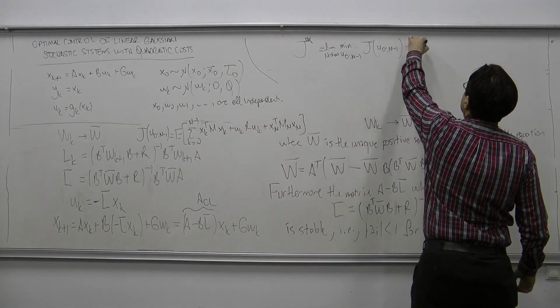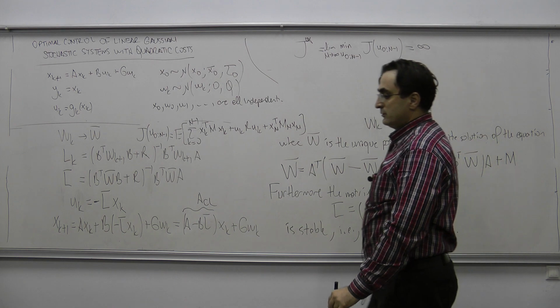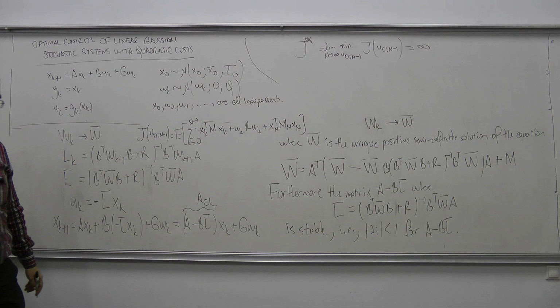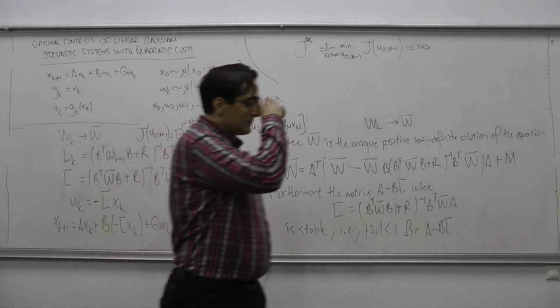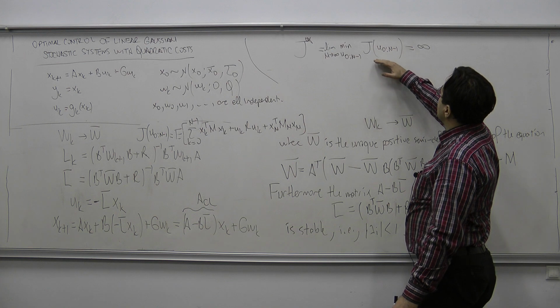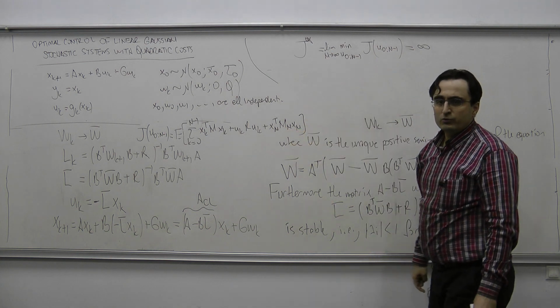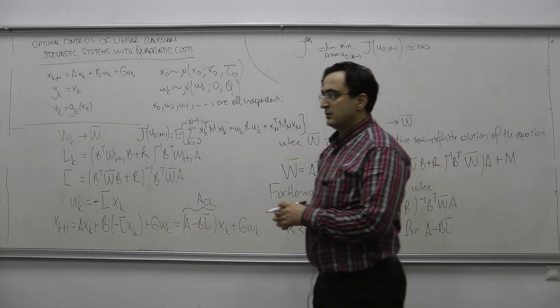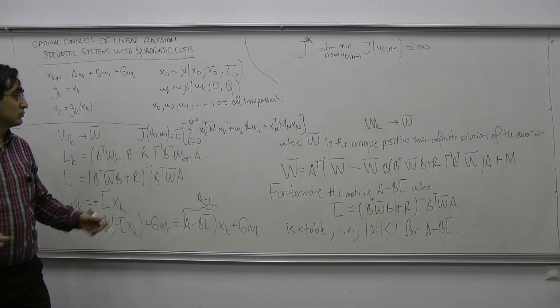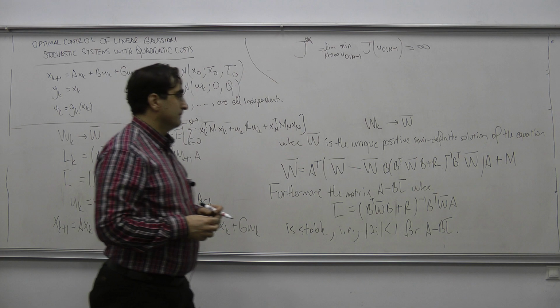So this optimization would give us infinite cost. Okay? So calculating this cost when n goes to infinity would not be possible.